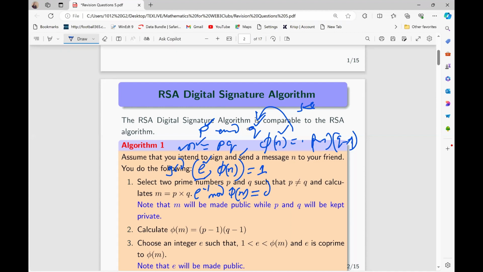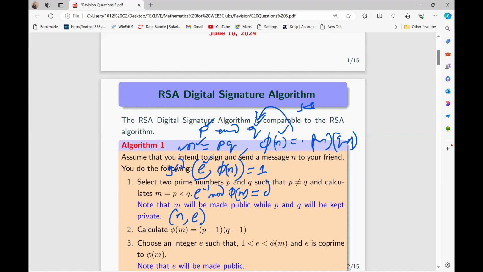What is made public, we've said, is N, the product of the two prime numbers, and E. These two are made public, even for purposes of the signature. The private key is N and D, just as it was for the RSA algorithm.